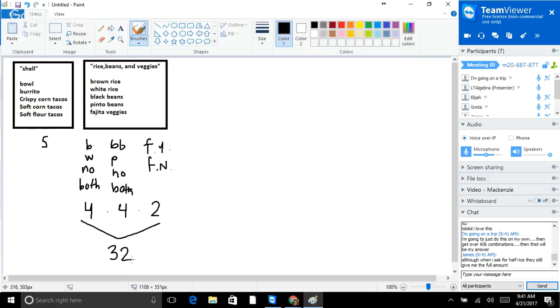So far we have 5 ways to get a holding vessel, right? And 32 ways just for the rice, the beans, and the vegetables. We haven't even gotten to the meat yet.